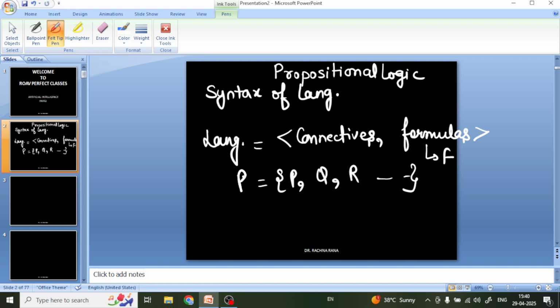Now next I'm going to discuss the symbols. This set f is defined by structural recursion as follows.